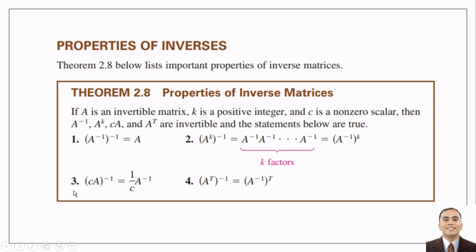Number 3, the inverse of C times A is equal to 1/C times A raised to negative 1. Number 4, the inverse of the transpose of A is equal to the transpose of the inverse of A.